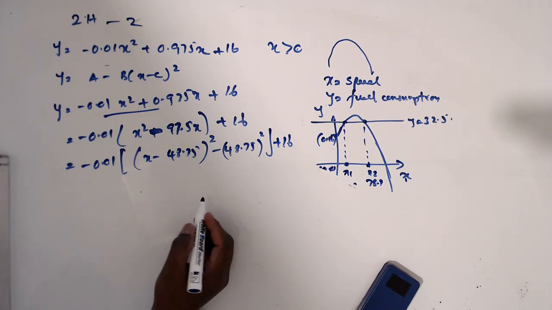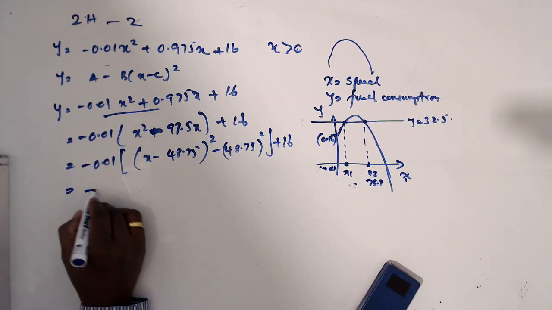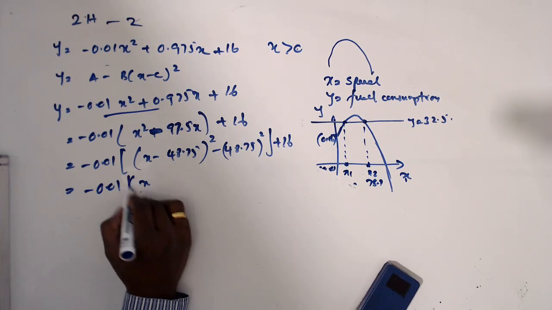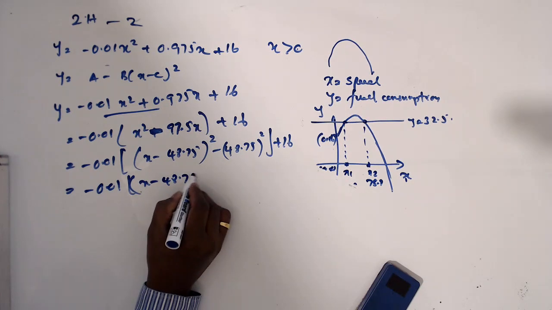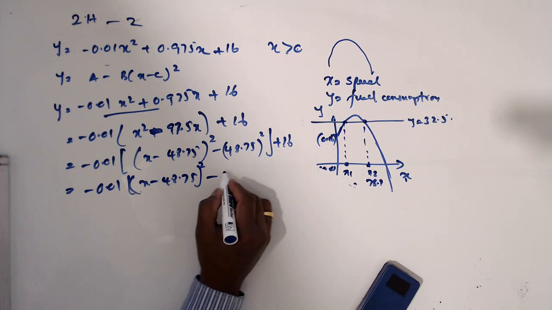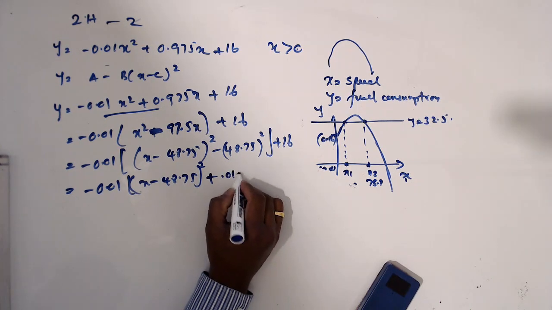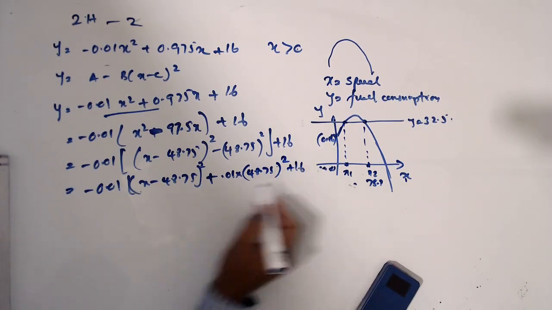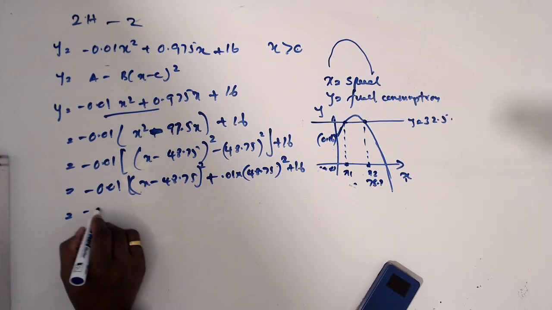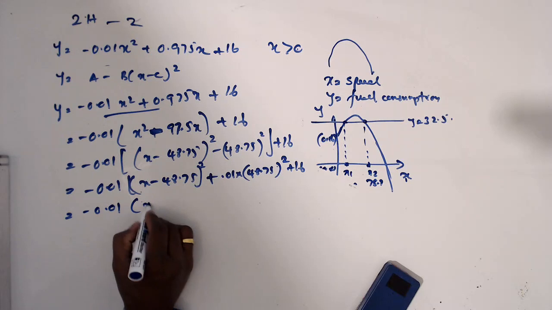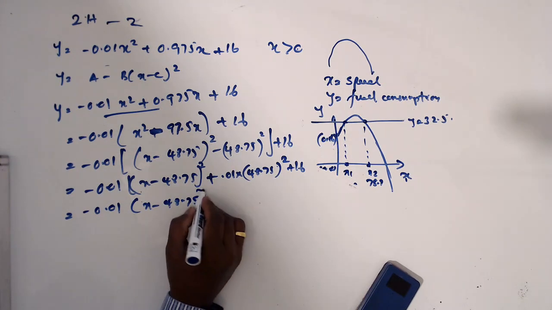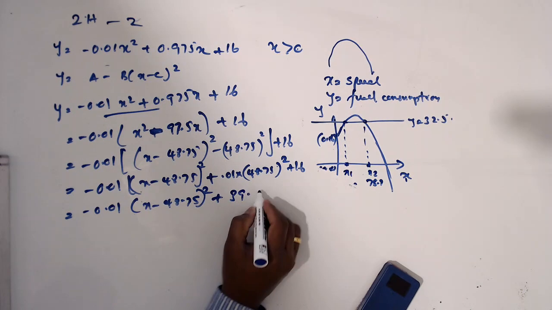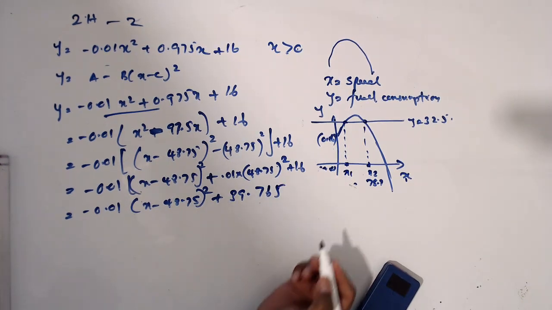So minus 0.01 times x minus 48.75 squared, plus 0.01 times 48.75 squared, plus 16. That gives minus 0.01 times x minus 48.75 squared, plus 39.765.